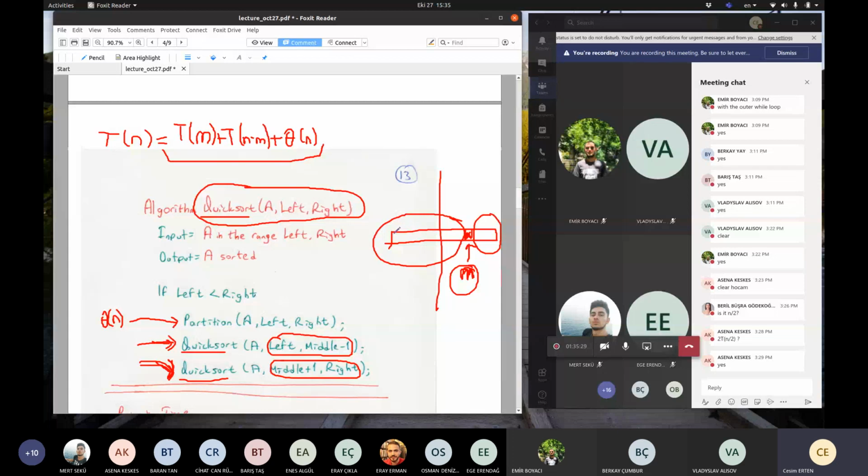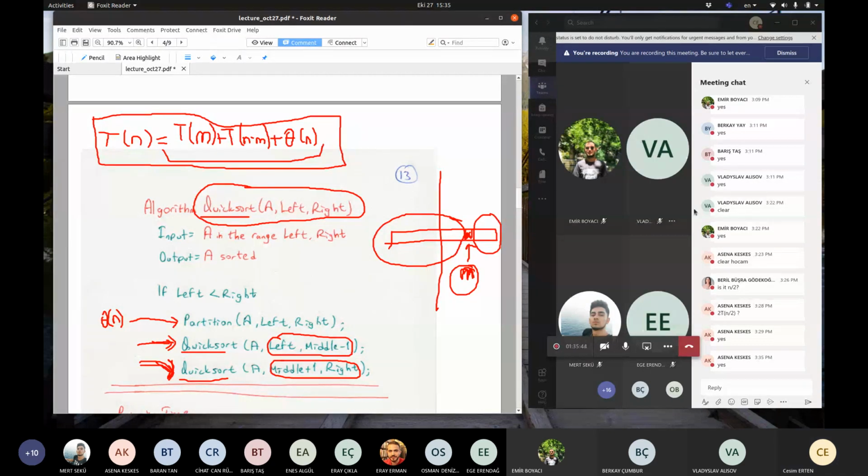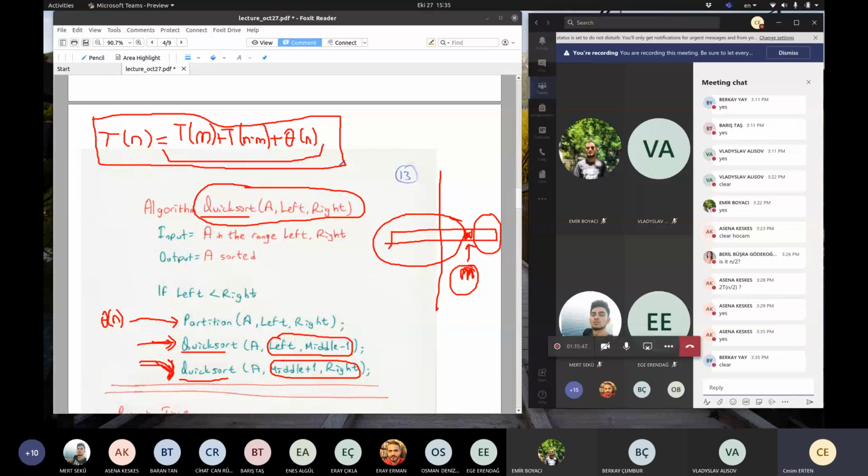Is this clear why we have written the recurrence relation describing the running time of the quicksort algorithm in this way? Any questions about this? Asena, is it clear why we haven't written down T of n divided by 2 for each one? Is this clear?